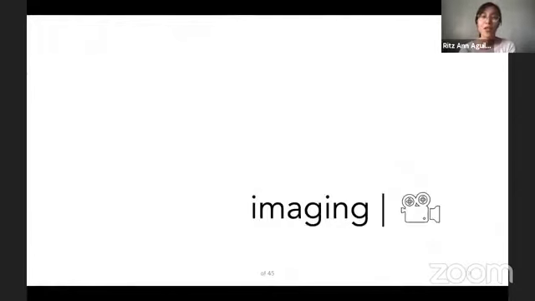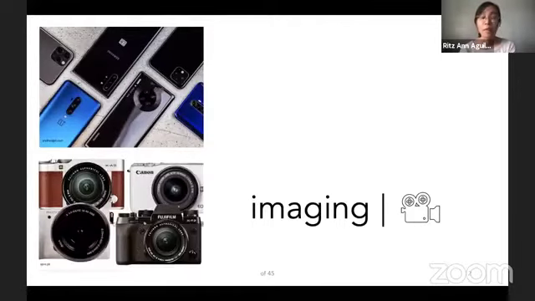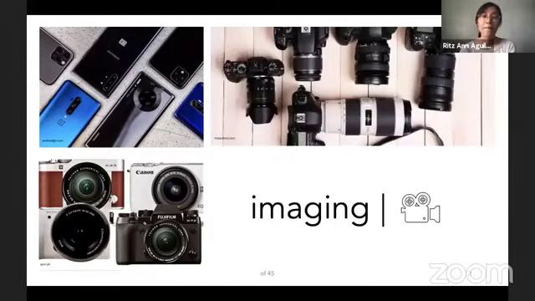Okay, so when we think of the word imaging, let me start with this one. When we think of the word imaging, what we usually have in mind is smartphone cameras or compact system cameras, also known as mirrorless cameras or DSLRs, right?